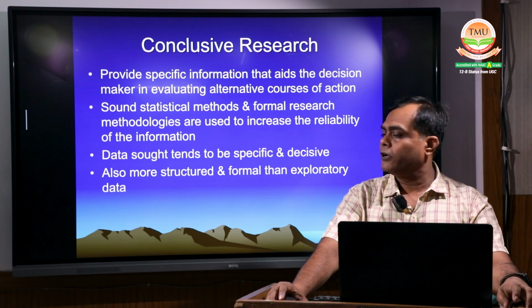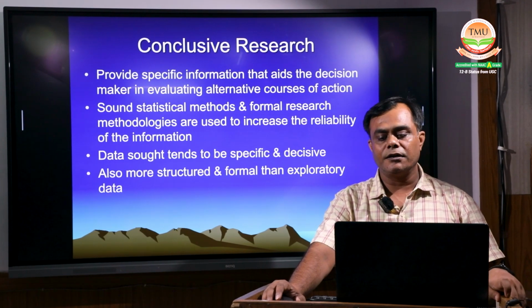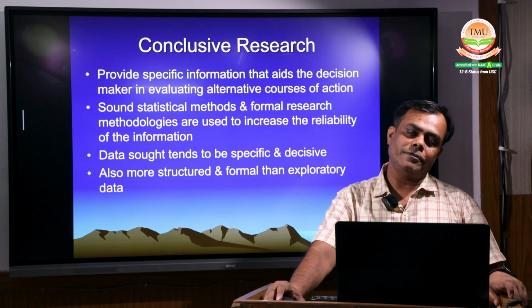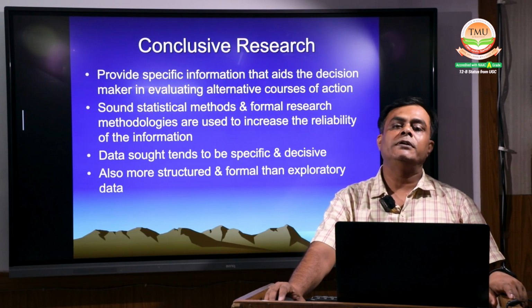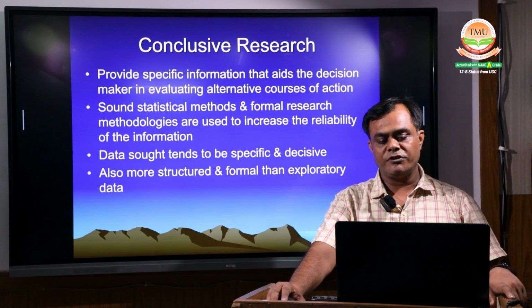So conclusive research provides specific information that aids the decision maker in evaluating alternative courses of action. Whatever alternative courses of action we have available, on that basis we are using conclusive research.